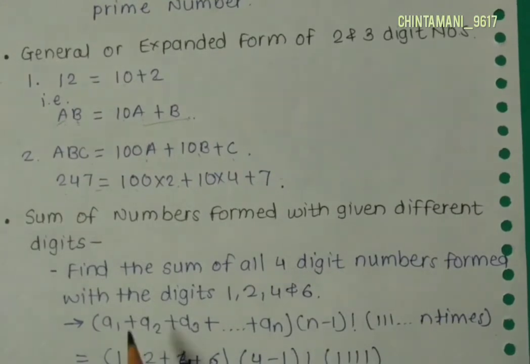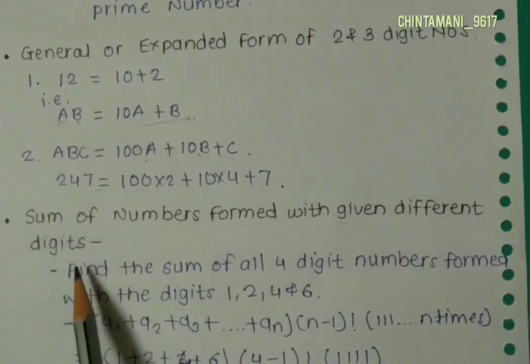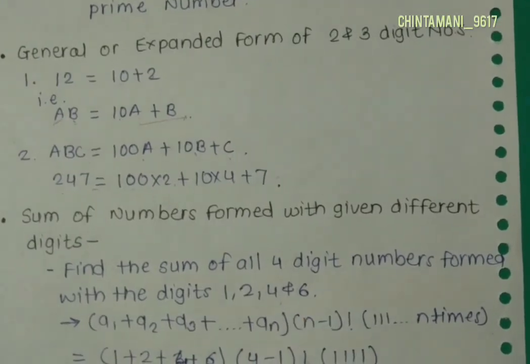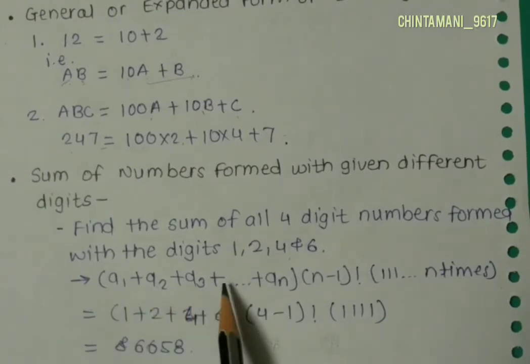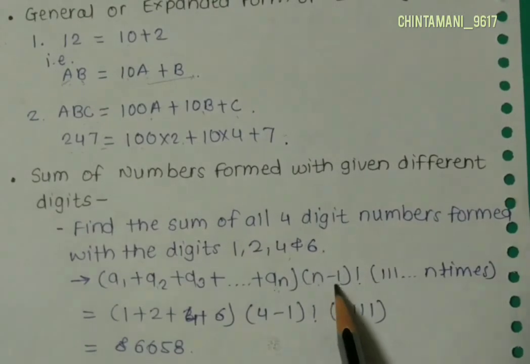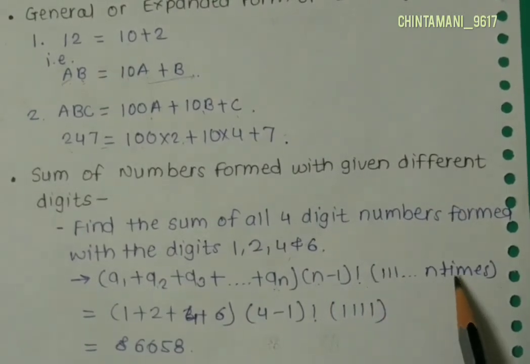Moving forward, the sum of numbers formed with the given different digits. Find the sum of all 4 digit numbers formed with the digits 1, 2, 4 and 6. For that we can write it as (A1 plus A2 plus A3 plus ... plus An) into (n minus 1) factorial into 111 up to n times.